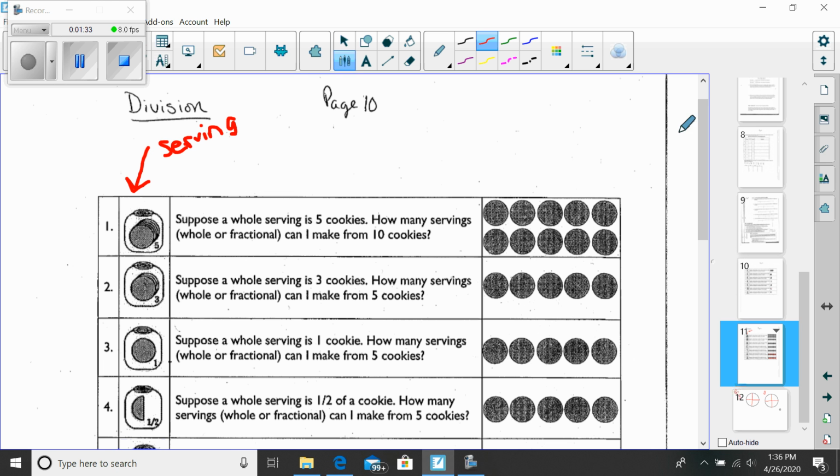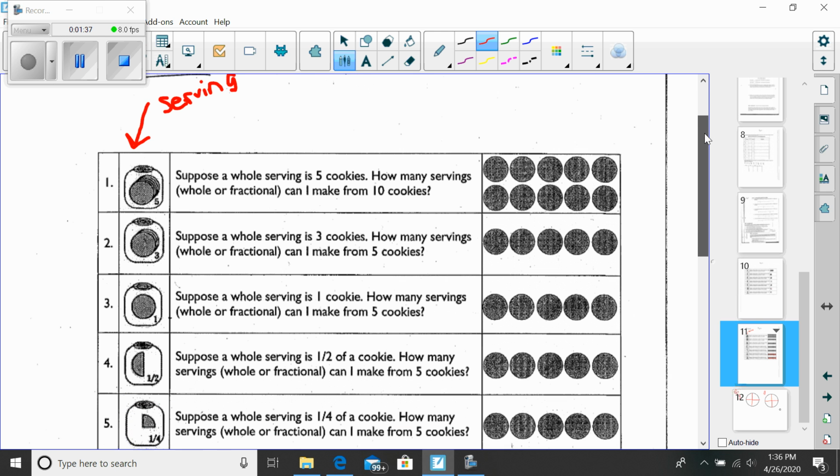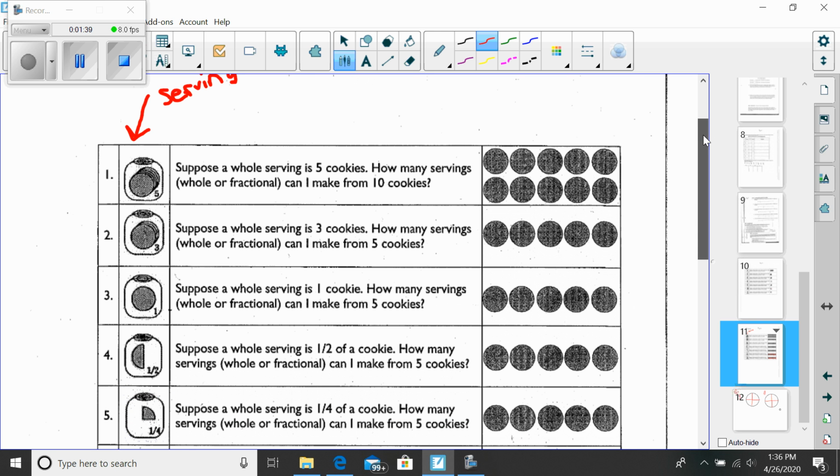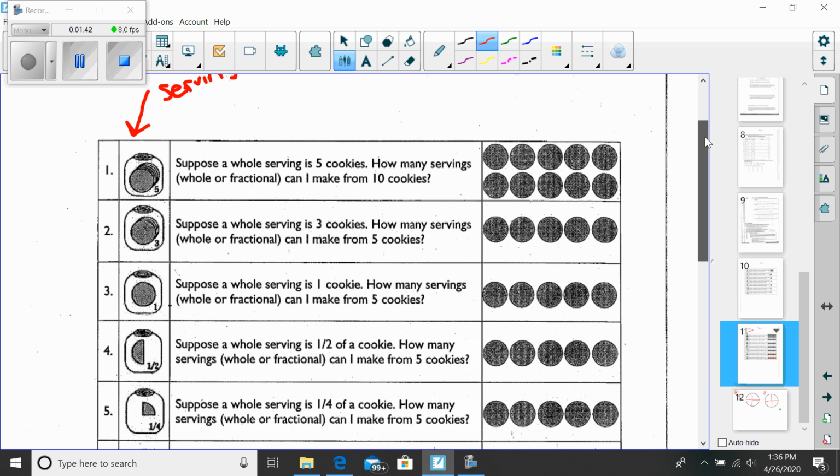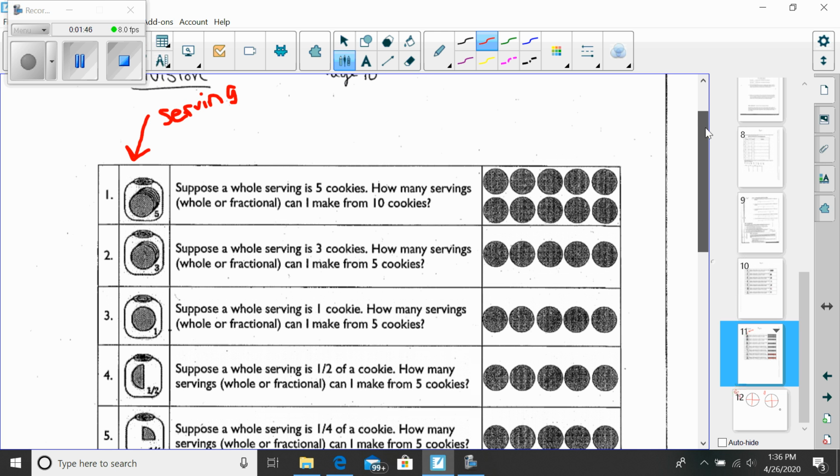So that will be the quotient. Take the number of cookies, divide it up by the serving size. That tells you how many servings you have.